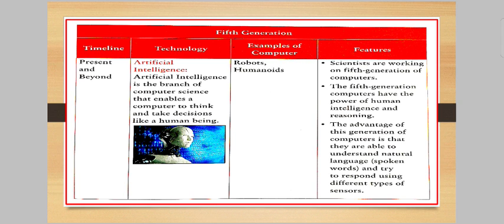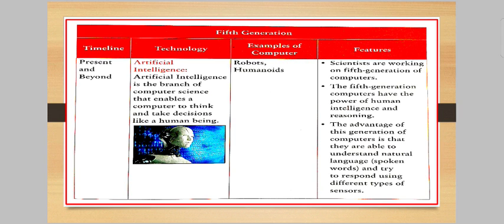Next is the fifth generation, artificial intelligence, present and beyond. That means it is the present generation of computer and in future it is also developing. Artificial intelligence is the branch of computer science that enables a computer to think and take decisions like a human being.